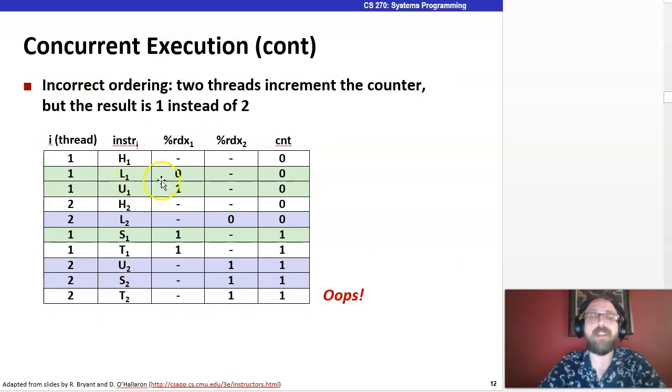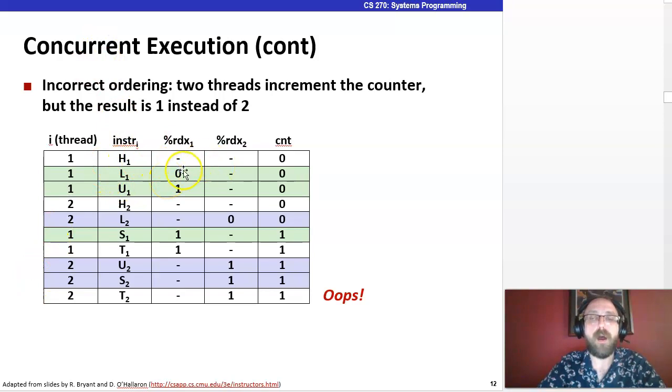So here is an example of an ordering that is possible. For thread 1, we have head, load, update, store, tail. For thread 2, we have head, load, update, store, tail in the right order. But now watch what happens when these are executing interleaved like this.